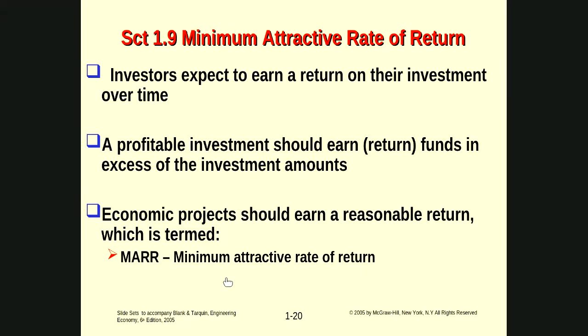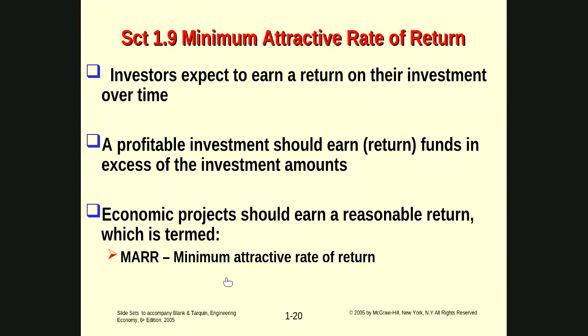Minimum attractive rate of return is used when the investor wants to make a decision about how much he will pay compared to what percentage is acceptable to him. So it is a rate of return but at the minimum. If you go less, he will say, sorry, I cannot invest in your business.